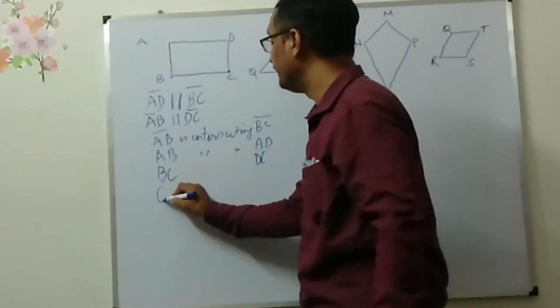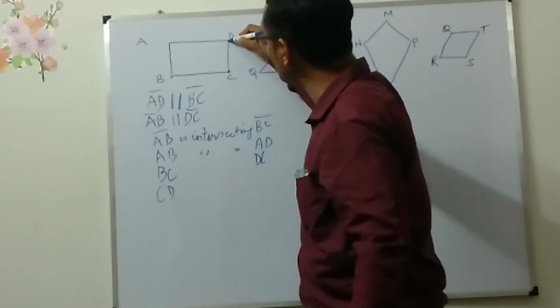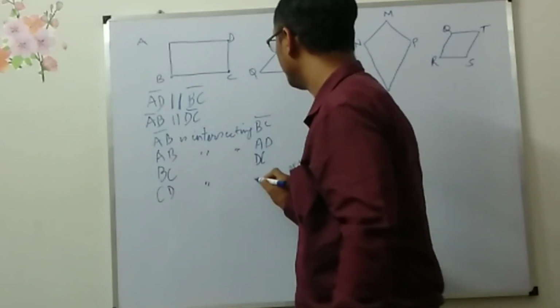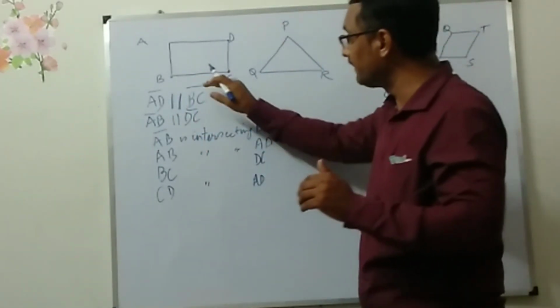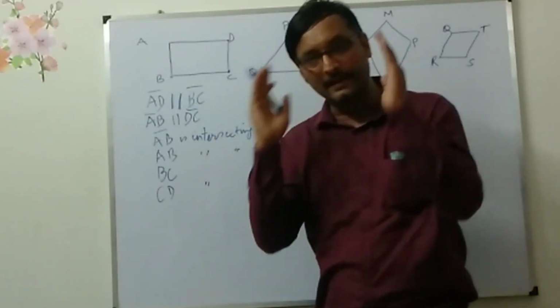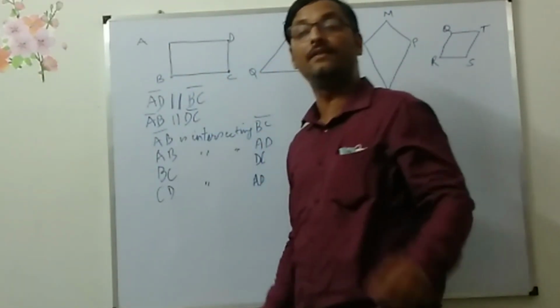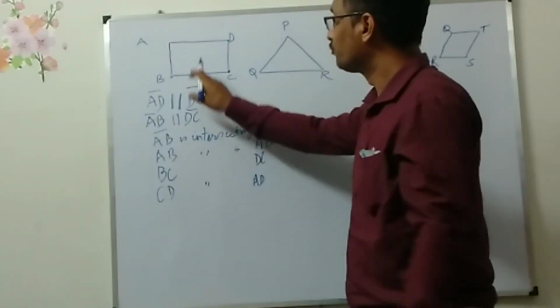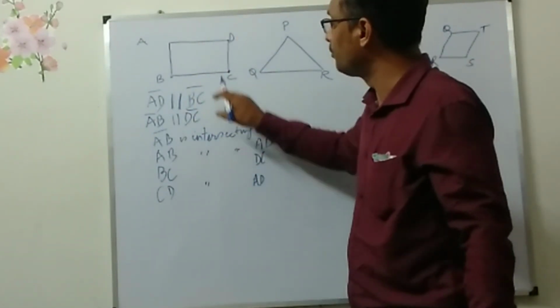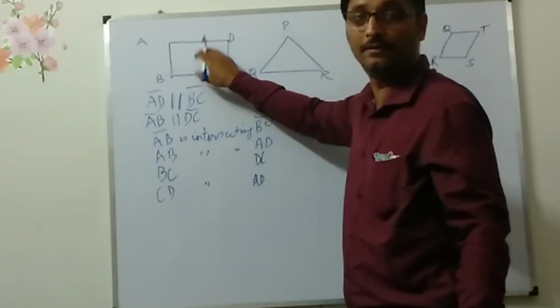What about CD? They are having one common point with AD. So these are the common points, so they are intersecting lines. If they are maintaining equal distances, that is parallel line. If they are having one common point, that is intersecting line. So you have come to know about parallel lines and intersecting lines of this figure.